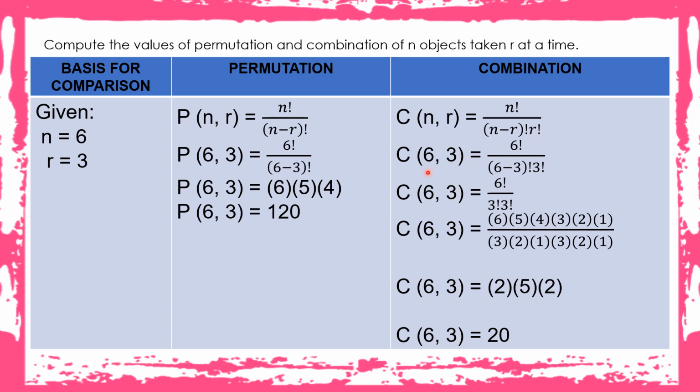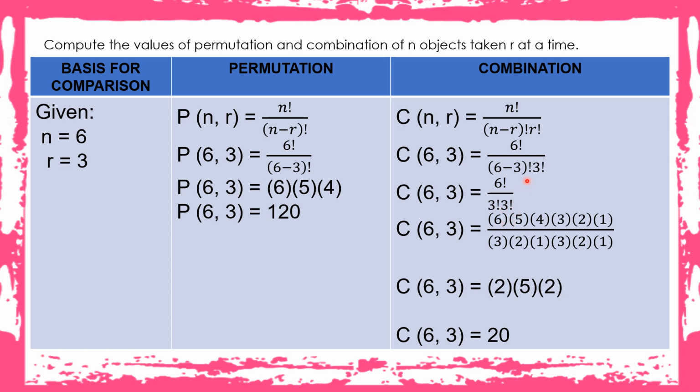By substitution, we have here combination of 6 and 3 is equal to 6 factorial over the difference of 6 and 3 factorial multiplied by 3 factorial. And first, we have to simplify 6 minus 3. So, we have here 6 factorial over 3 factorial times 3 factorial.